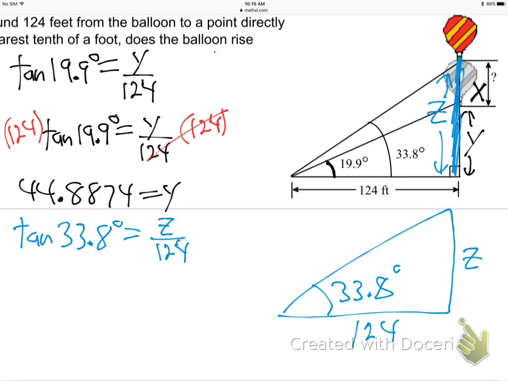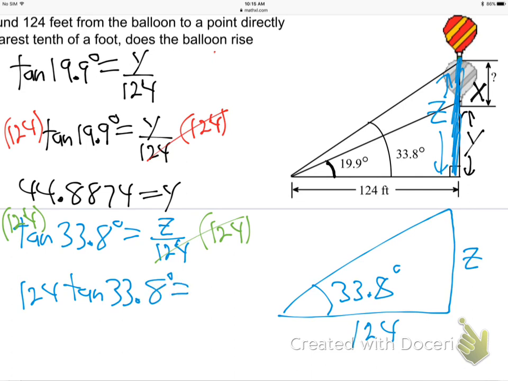So you know the drill. Multiply both sides by 124. It cancels out, and I get z equals 124 times tangent of 33.8 degrees. I'm getting 83.0108, and that's z.